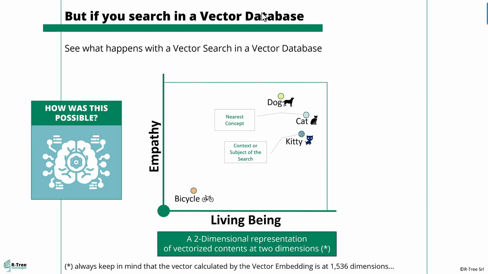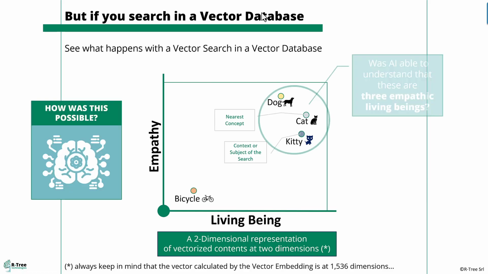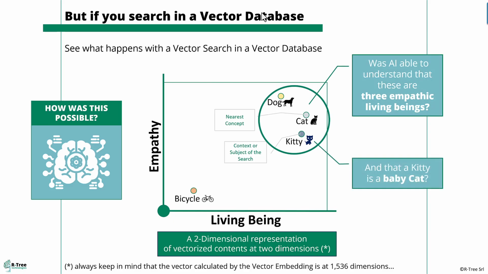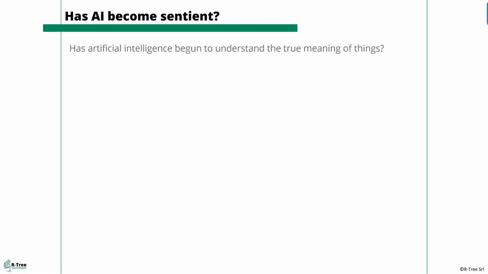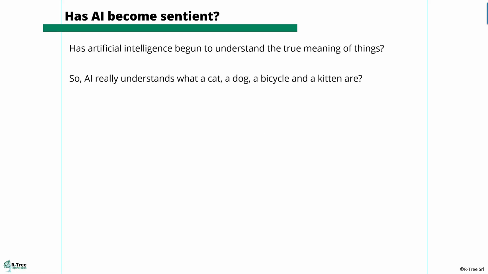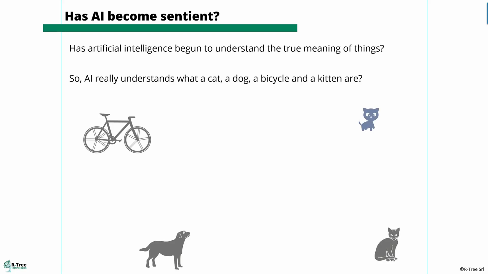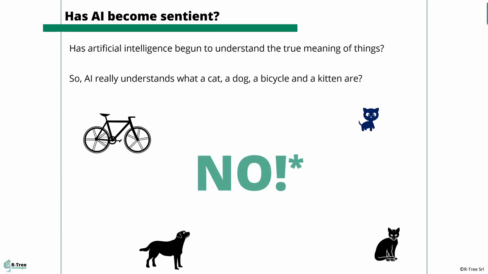How was it possible? Did AI really understand that dog, cat, and kitty are living beings and that kitty means young cat? Let's see how this technology works. To questions about whether AI has become sentient, understanding the true meaning of things, recognizing the nature of things, we can clearly say no. At least not for now.